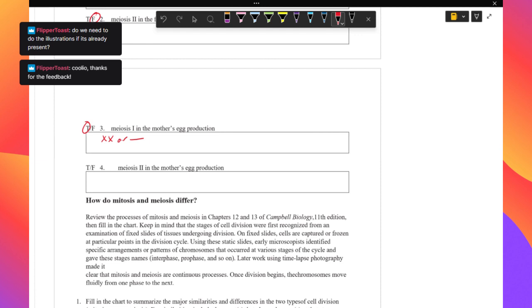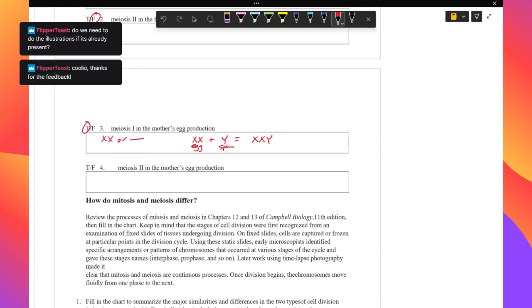And if fertilized by a sperm carrying a Y chromosome, then an XXY individual would be produced. So XX plus Y. Again, this is your egg cell. Gives you XXY, you get your trisomy.